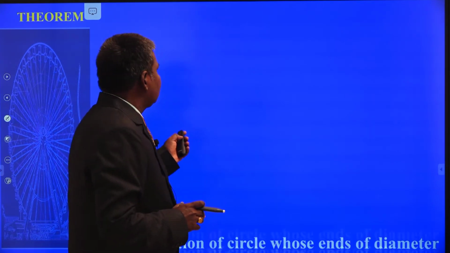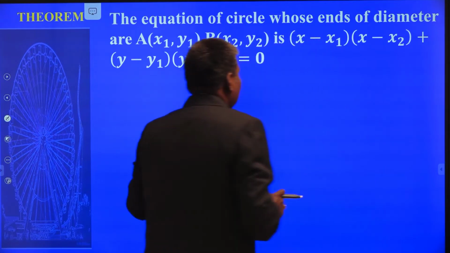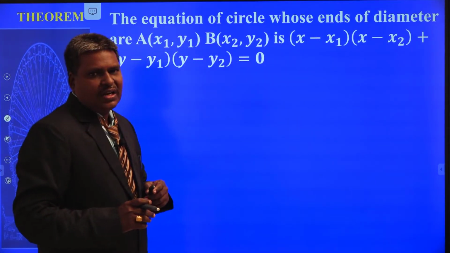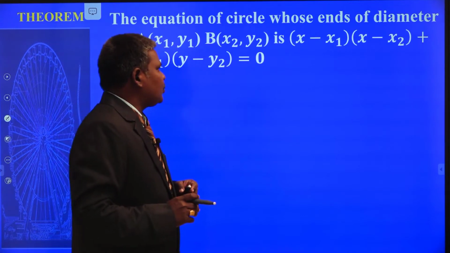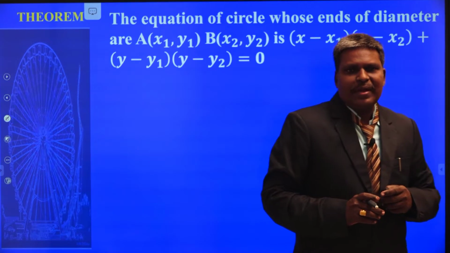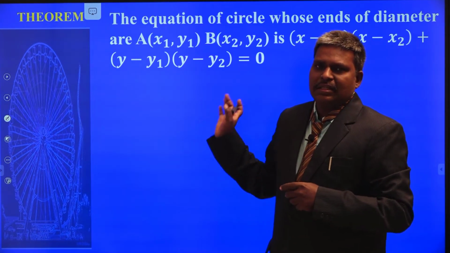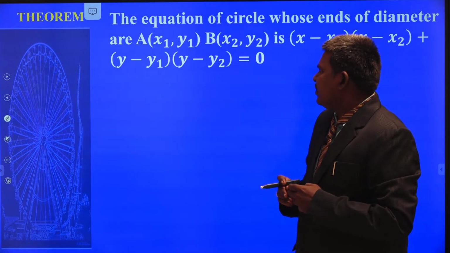Theorem. See this theorem. What is that? The equation of a circle whose ends of diameter are (x1, y1) and (x2, y2) is (x minus x1)(x minus x2) plus (y minus y1)(y minus y2) equal to 0. This is another theorem for you. What is given to you?